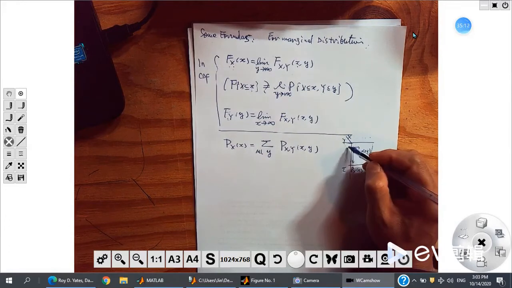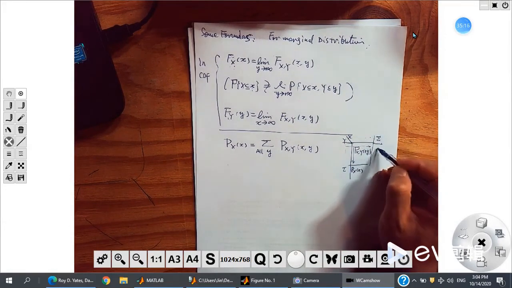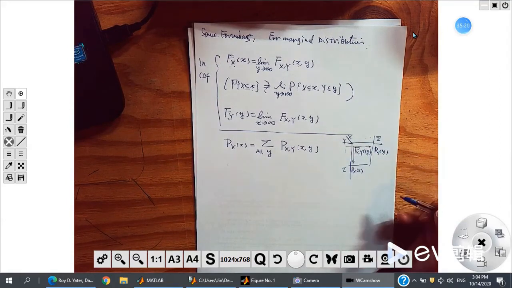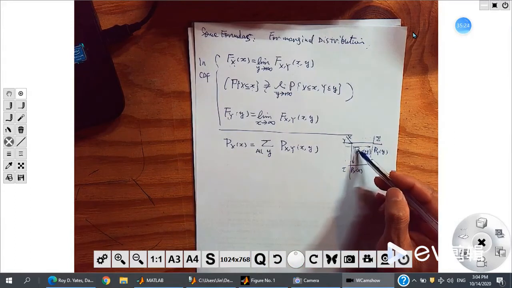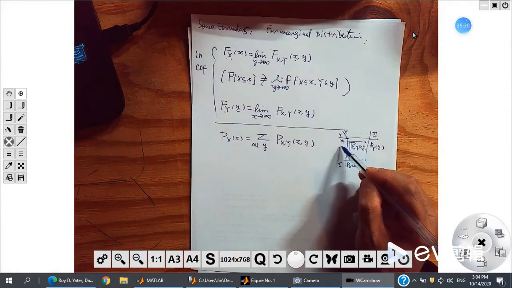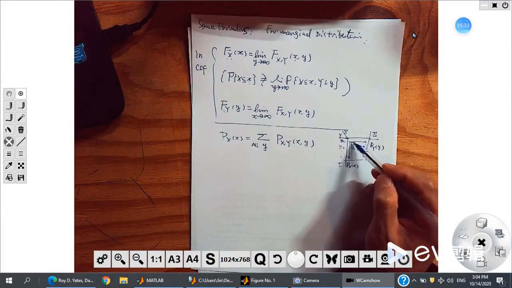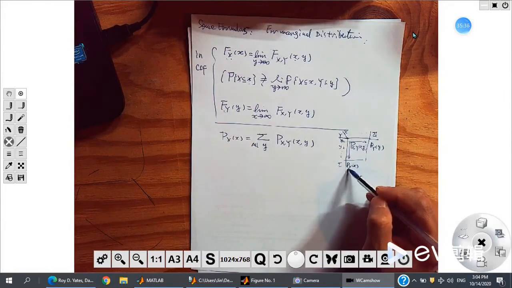And we do summation in this direction, then we have py of y. We do summation. So px is pxy, do summation for all y's. Here are y's, y1, y2, whatever. You do summation along all the y's. The result is px of x.